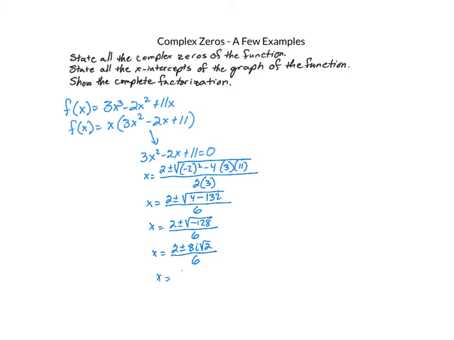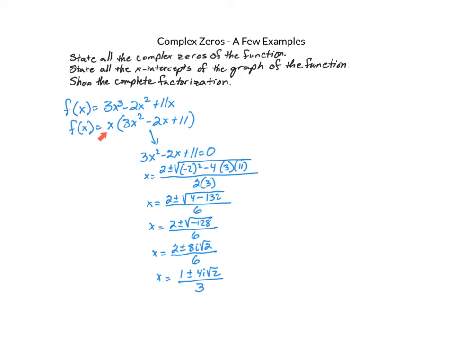And I have 1 plus or minus 4i square root of 2 all over 3. So those are 2 of the zeros. Let me remind you that the number of zeros will match the degree. You might have some duplicate zeros if you have a zero of multiplicity 2 or 3, but we don't have that in this case, so I should have 3 distinct numbers.